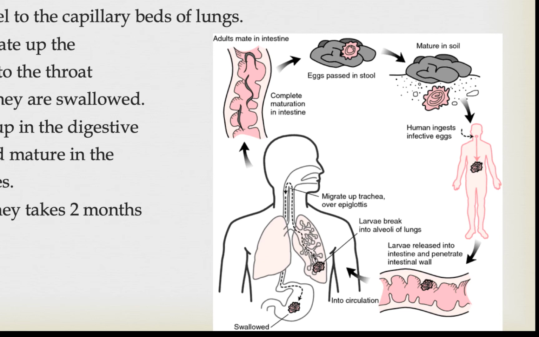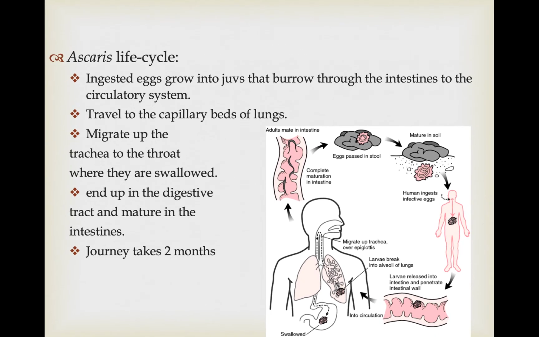It munches its way through that, and then it migrates up your trachea to your throat, where the host then swallows, and it ends up putting them back in the digestive tract from where they started this entire trip. And at this point, that's when they mature into adults in the intestines. So this kind of joyride that the juveniles take before maturing takes about 2 months.